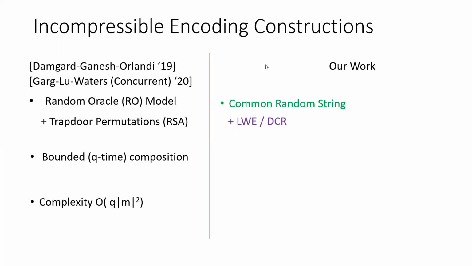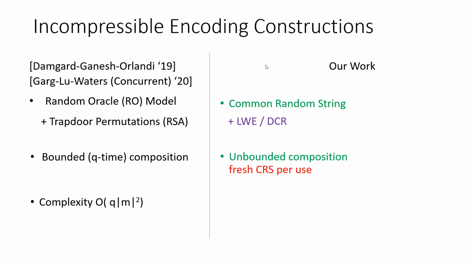The good news is, on the positive side, we get a construction under learning with errors, where we don't have trapdoor permutations under LWE. So we actually do something a little better in that sense. But on the other hand, I don't know how to get a construction from plain RSA. We need decision composite residuosity, which is maybe a little less efficient than RSA trapdoor permutation.